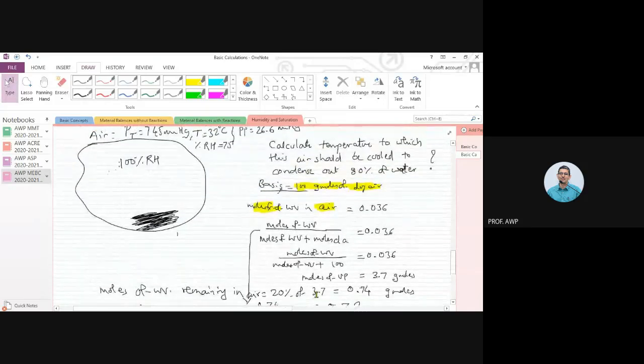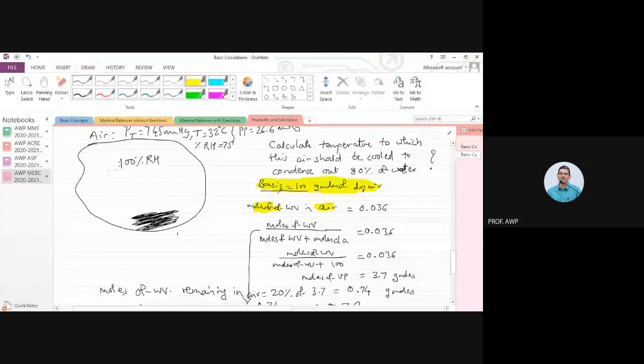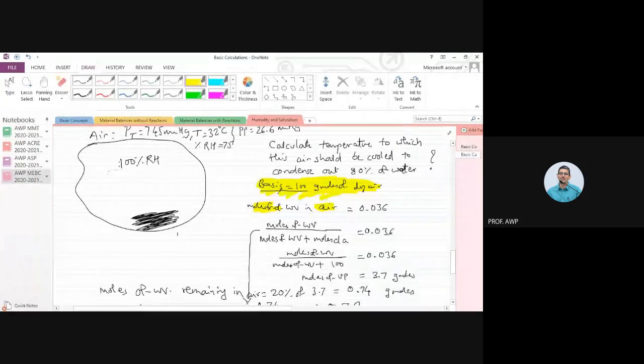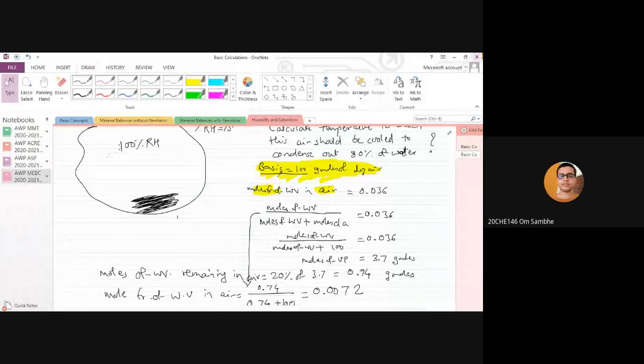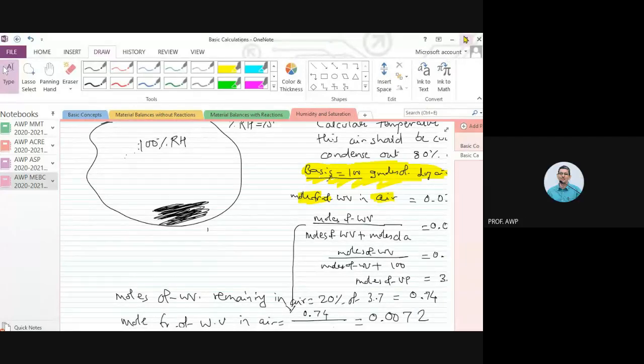The good point about Prajot's solution is that he defined the basis very properly and did calculations based on that basis. Somebody else may take another basis, but that's okay. Any other doubts? Sir, if water is condensed, then relative humidity becomes 100% of the remaining air?